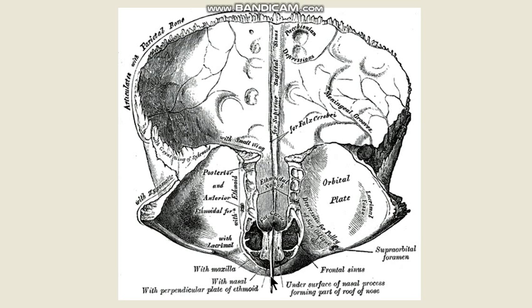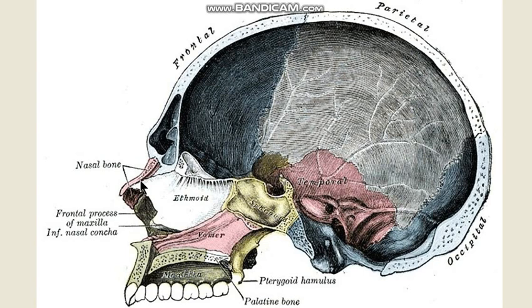That means this nasal spine is also forming part of the nasal septum, and because it's forming part of the nasal septum, this nasal spine is articulating posteriorly with the perpendicular plate of the ethmoid, which we can see here. Here you can see the nasal spine posteriorly articulating with the perpendicular plate of the ethmoid, and anteriorly it is articulating with the crest formed by the nasal bone.